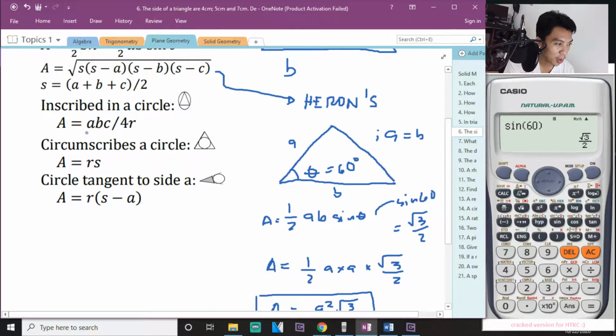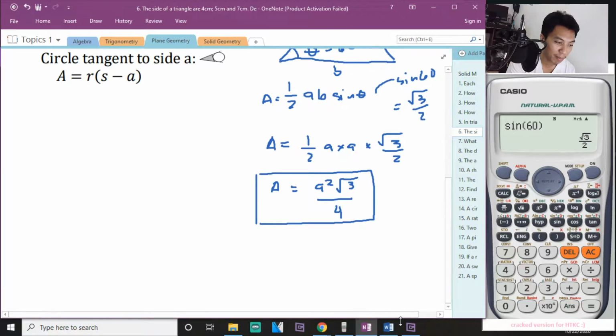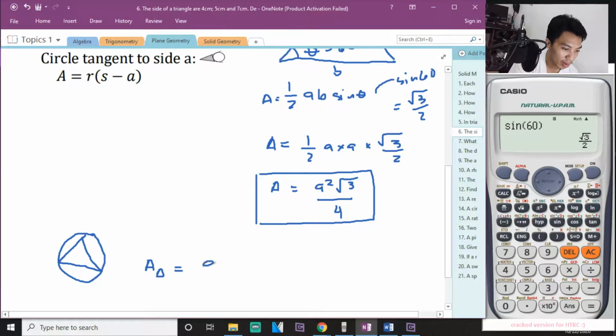So, always be careful for rapists. Drawing mo, parang mata ni Sasuke, na laging naninilip. Nasa loob yung triangle. Area daw niya ng triangle equal to always be careful for rapists.